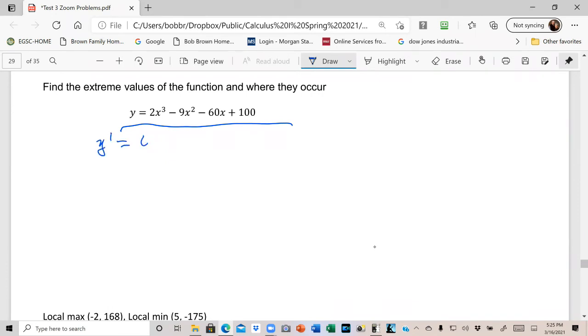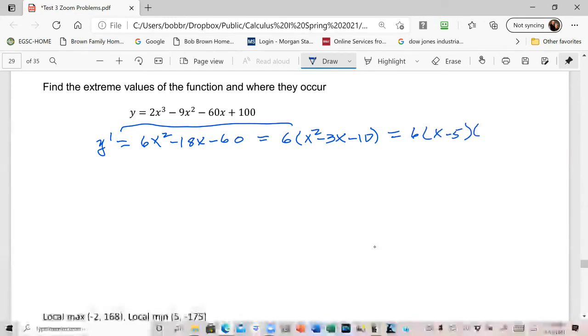It is equal to 6x squared minus 18x minus 60. And I can factor this into 6 times x squared minus 3x minus 10, which is equal to 6 times x minus 5 times x plus 2.